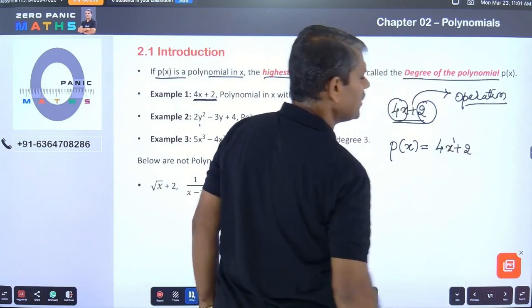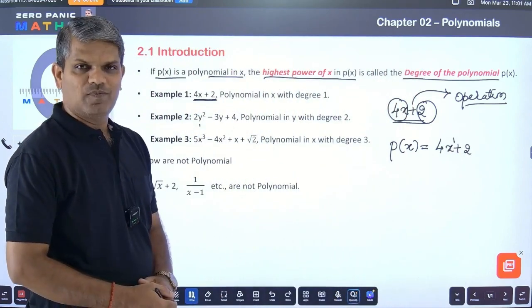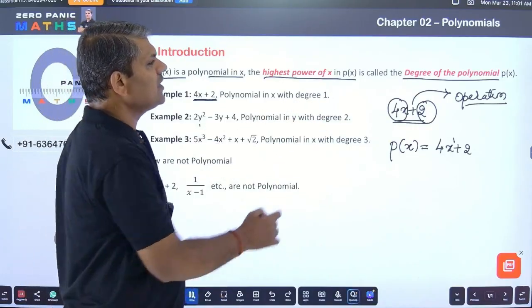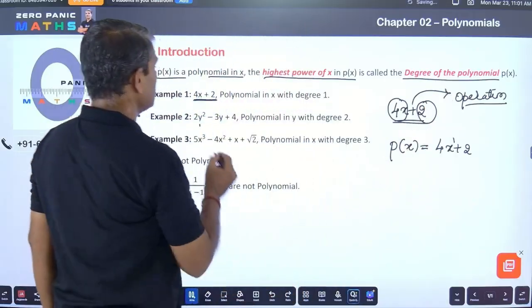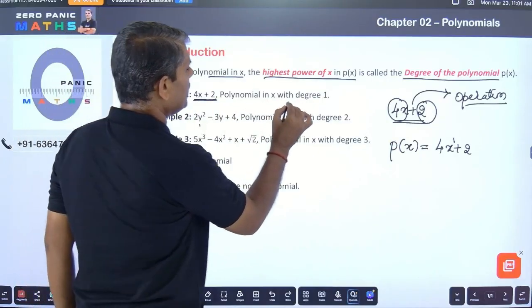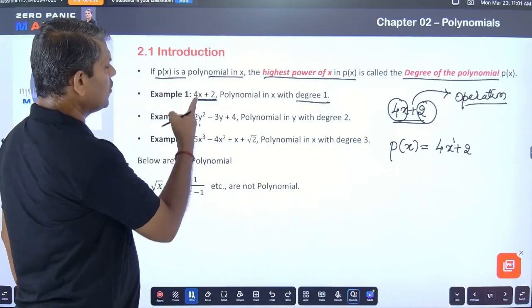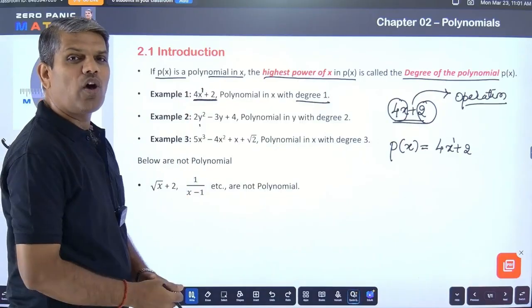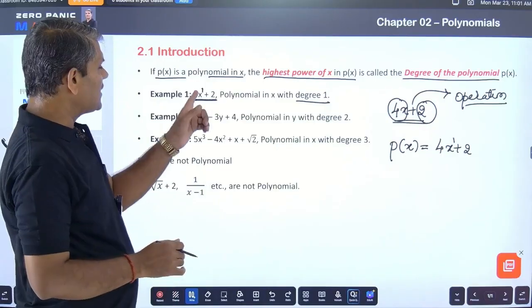It is x to the power of 1. That highest power is called the degree of the polynomial. So in example 1, the degree is 1, because the power of x is 1.